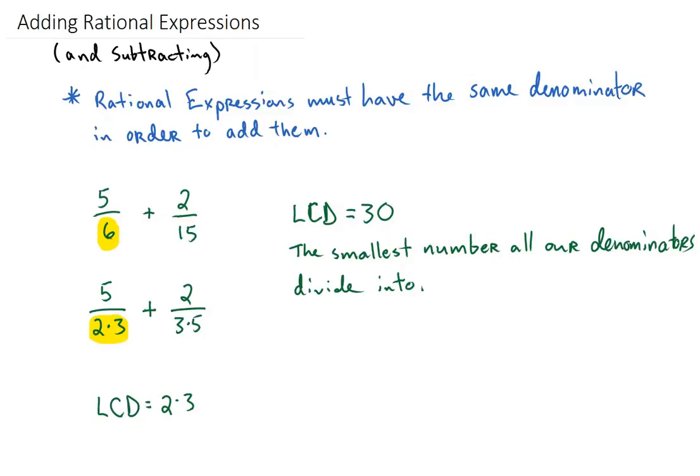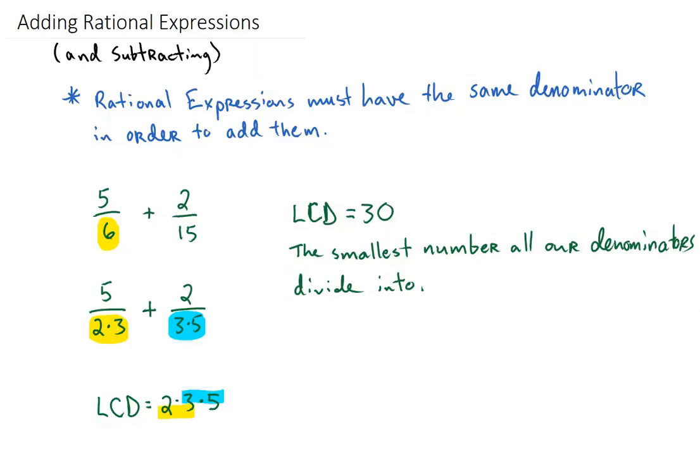Now it also has to contain the second denominator, if the second denominator is going to divide into it. However, we only need to include the parts that are not already included based on our representation of the first denominator. So in this case, we only need to include the 5, so that gives me my second denominator as a part of my LCD and my first denominator as a part of my LCD, so that both of those numbers are inside of the LCD.